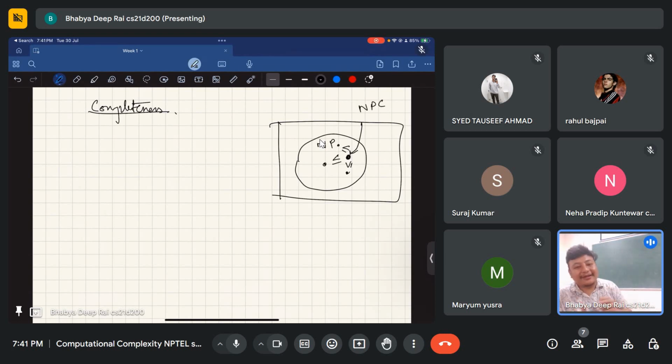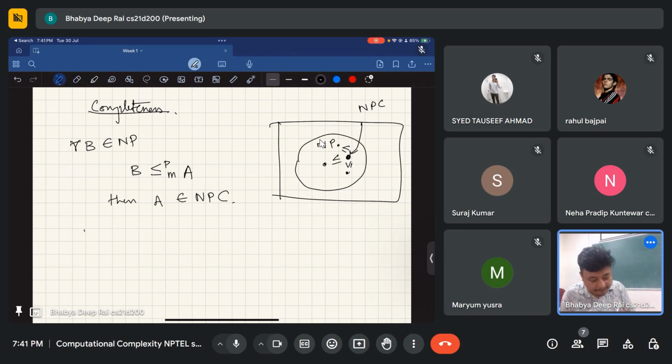It's not just a single language, there are several languages, as you may have seen. Formally, for all languages B in NP, B reduces to A by polynomial time many-one reduction, then A is an NP complete language.